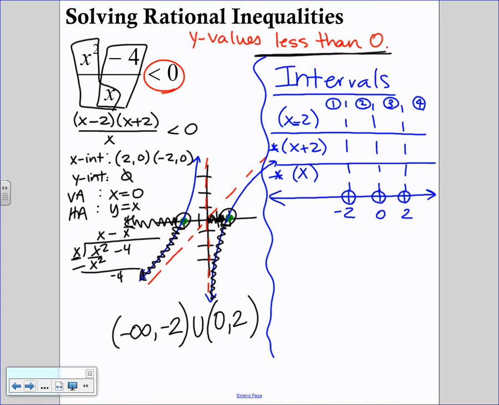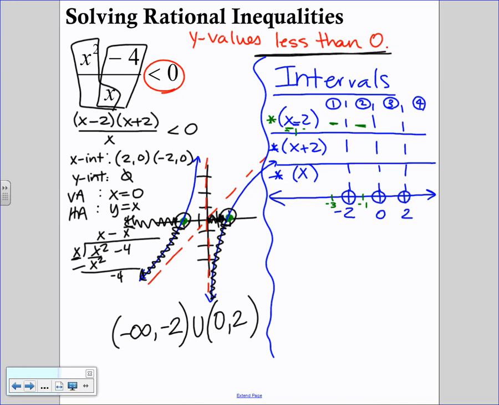Okay? So let's pick a number like -3. -3 is going to be my test point. If I plug in a -3 here, -3 minus 2 is -5. Overall, that's a negative answer. Let's pick something between -2 and 0, like -1. If I plug in a -1 here, -1 minus 2 is -3.